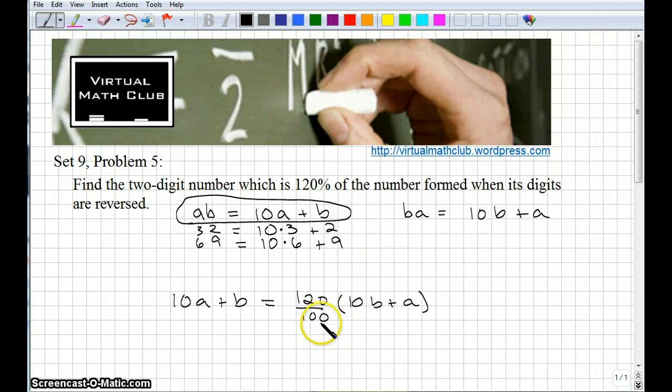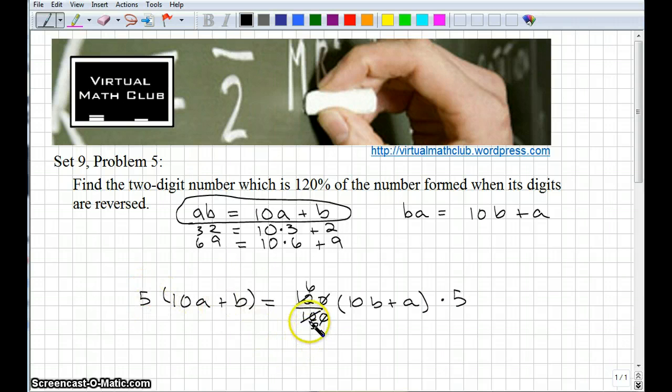I can divide top and bottom by 10, and then I can divide both by 2, so I get 6/5. And I can't really go any farther. Then I want to get rid of this fraction, so I'm going to multiply both sides by 5.